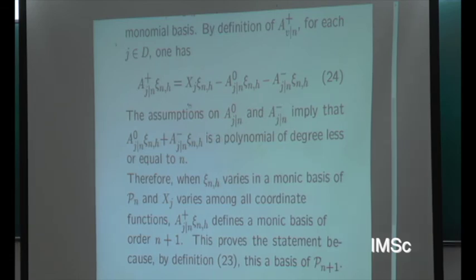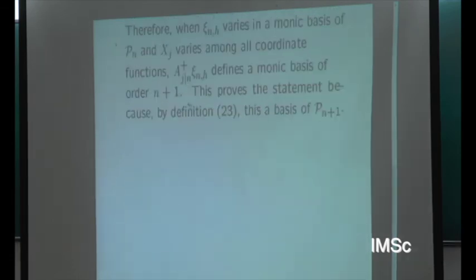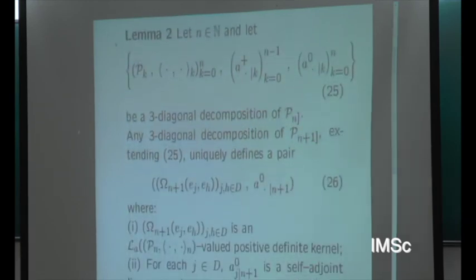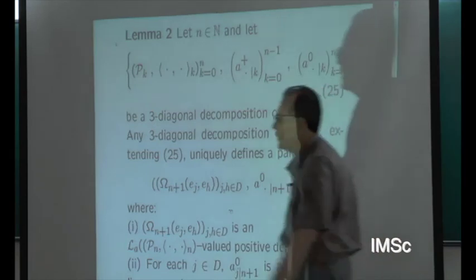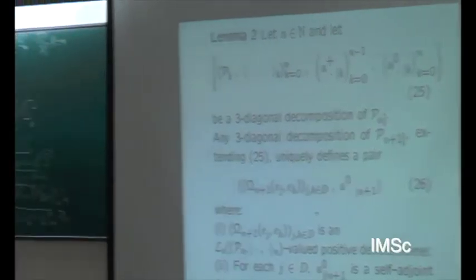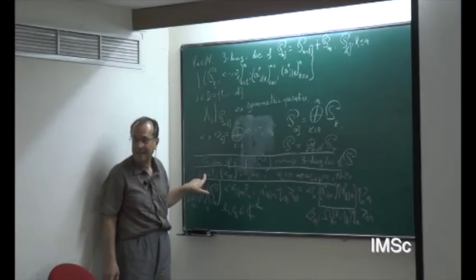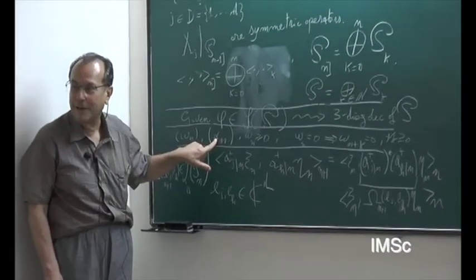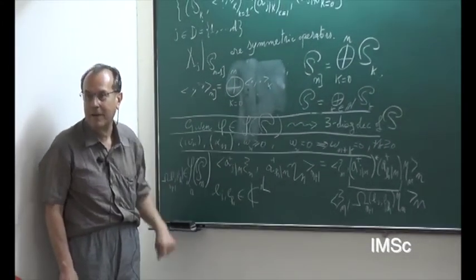Okay. In the two minutes left, I give you the statement that if I give a tridiagonal decomposition of degree n, all extensions are parametrized by these pairs: a positive definite kernel, which is the analog of omega n, and an arbitrary self-adjoint operator, which is the analog of alpha n.